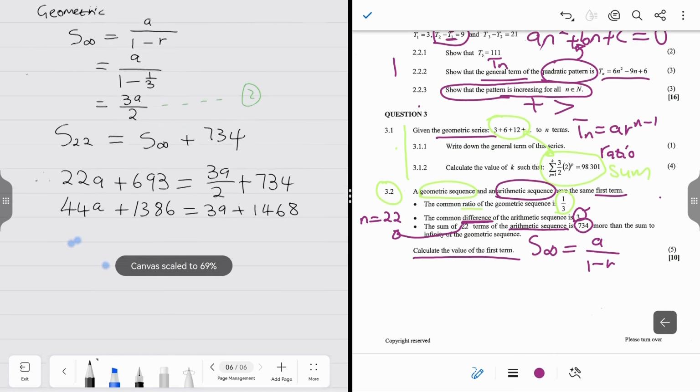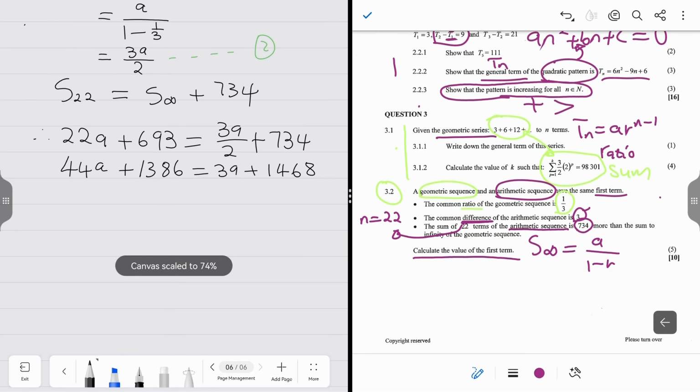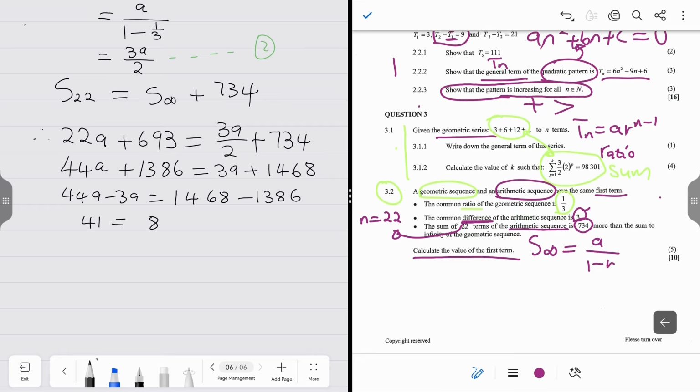Right. Then we move all the a's or whatever that has a on it to one side. Right. When I move that, I will have 44a minus 3a equals 1468 minus 1386. Then here I will have my 41a equals 82, right?